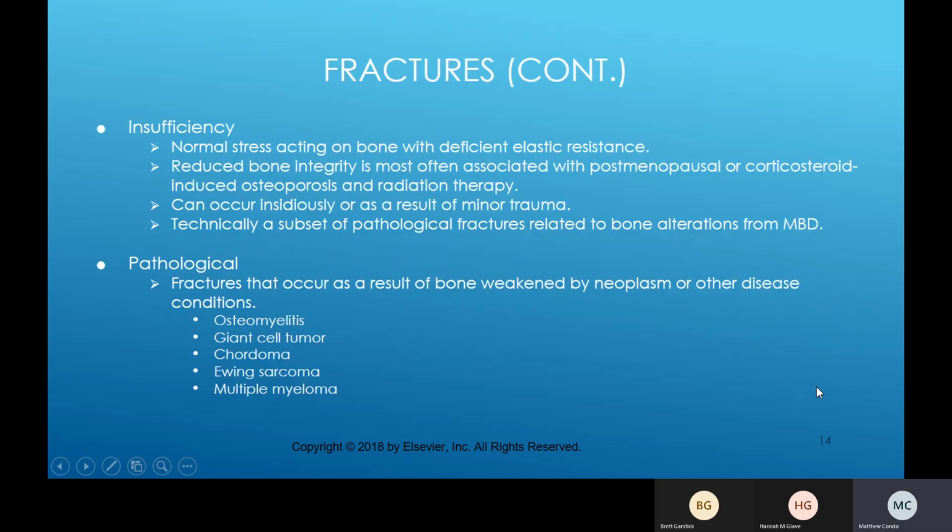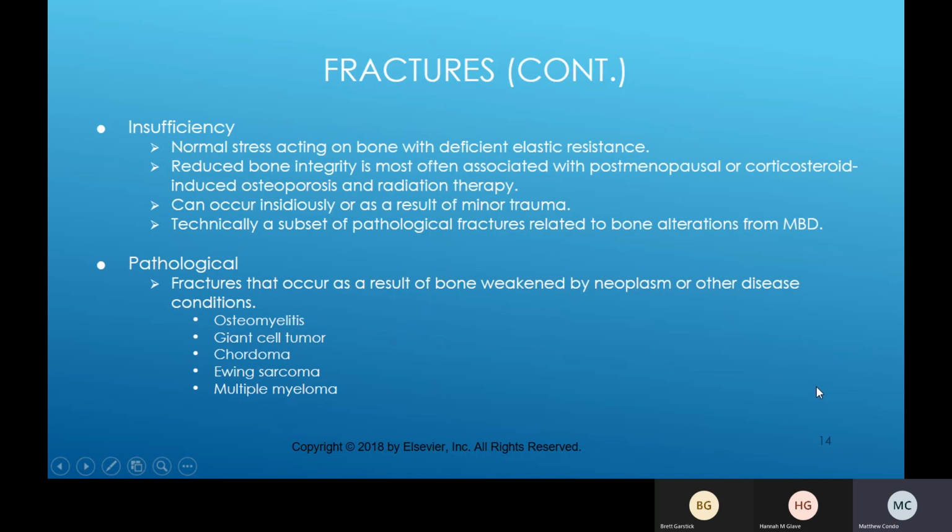When it comes to an insufficiency fracture, we need to really get a sense of how did you fracture. If it's not an appreciable height fall or appreciable trauma, that should be a red flag, right? If I got up out of bed and I fractured my hip, that's not normal.